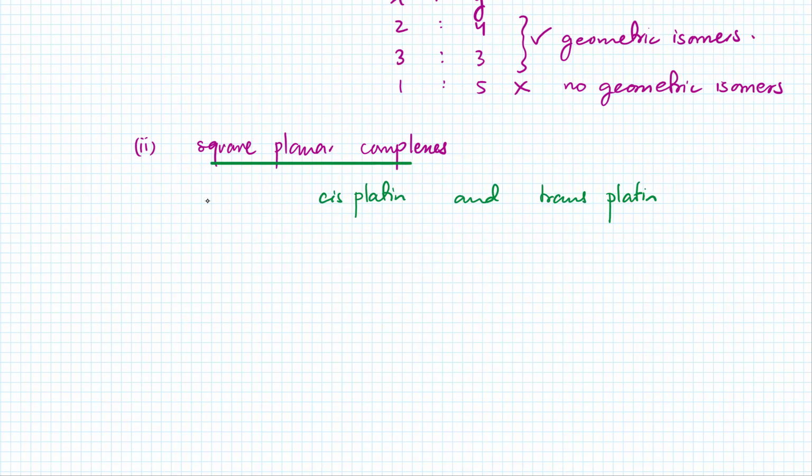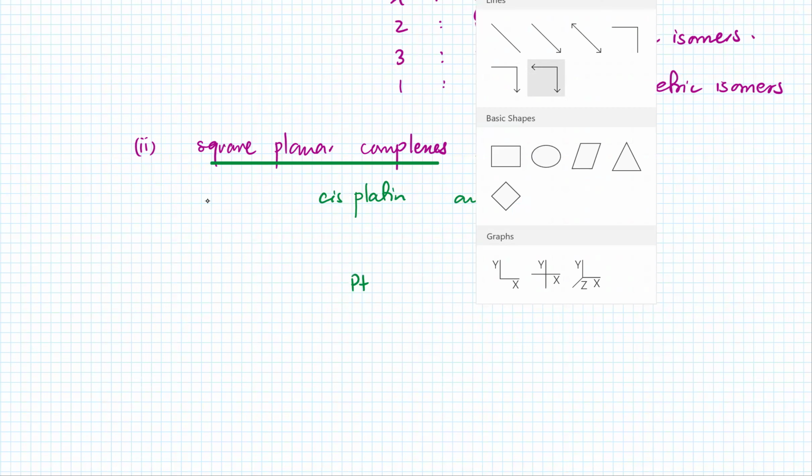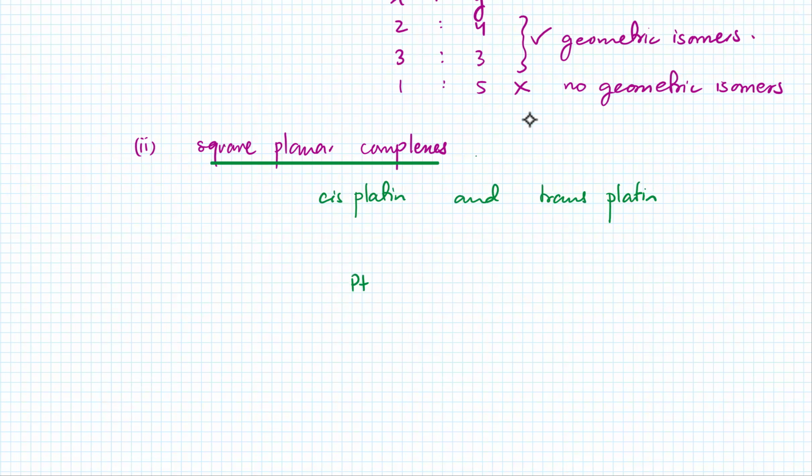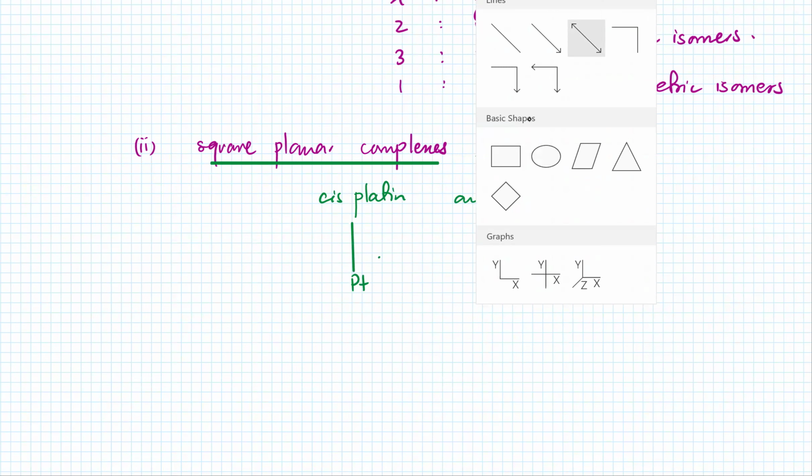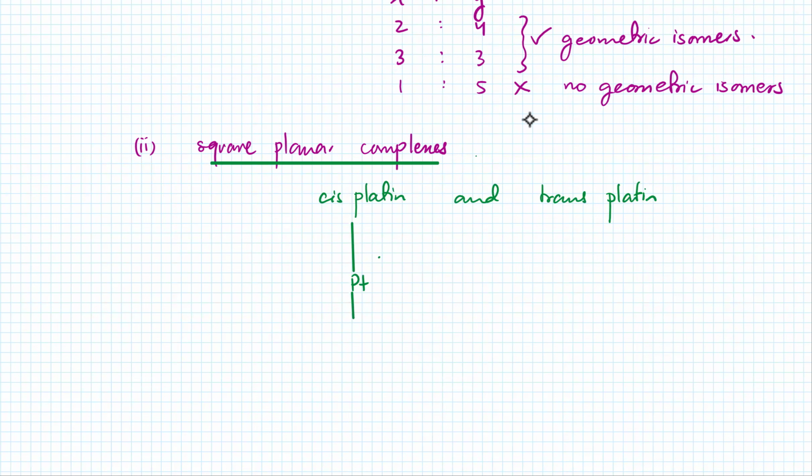So hopefully you know what the shape is, square planar. There's a platinum ion. Square planar is literally square. You just have four bonds, and they are all 90 degrees to each other.